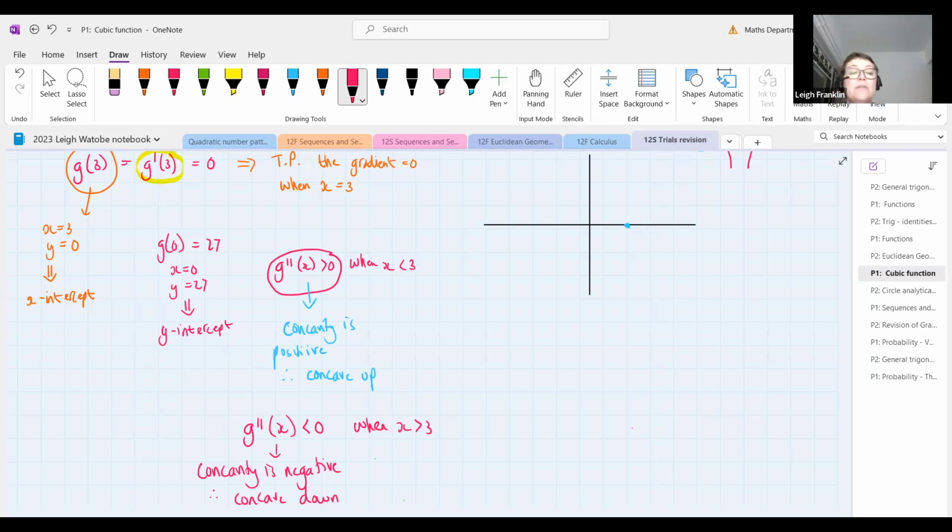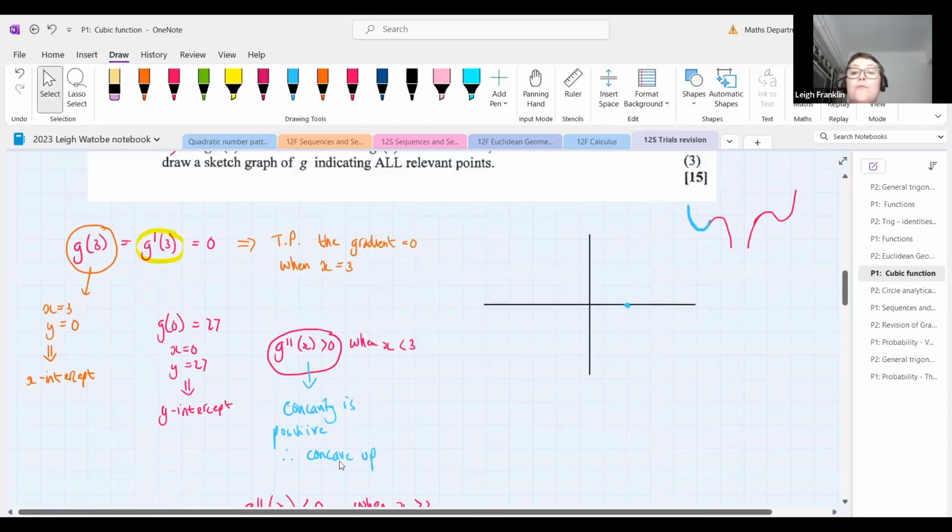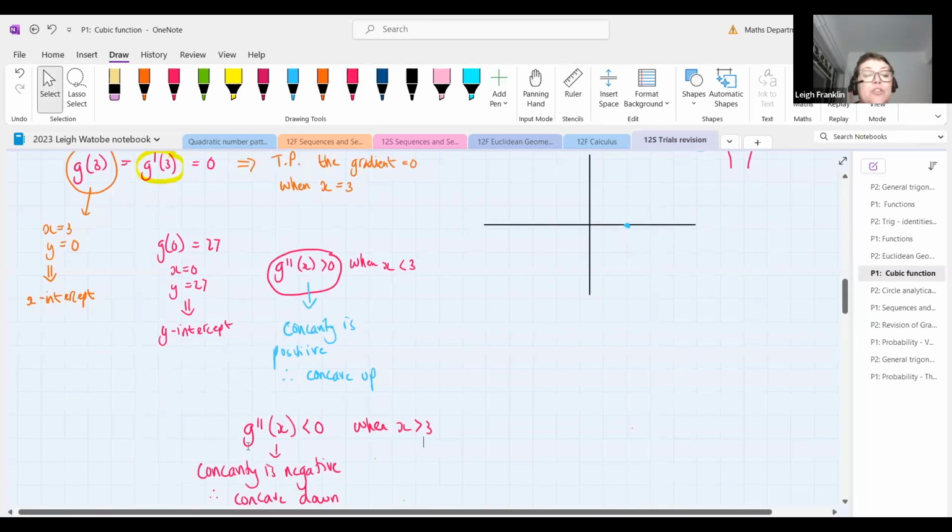So this tells us the shape of our graph, because the blue dot that is an x-intercept is also the turning point, and based off of this information about the graph being concave up and concave down, it is also a point of inflection.